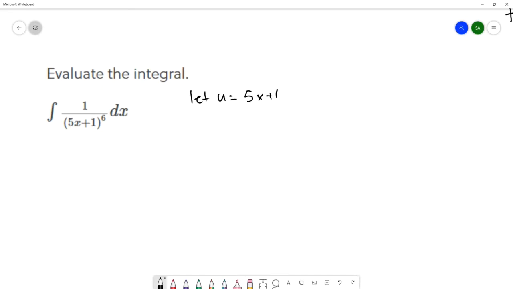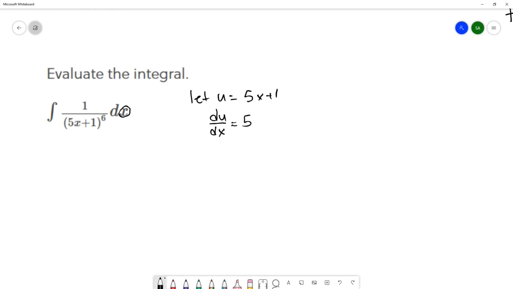And when I change the variable from x to u, I also need to change the dx to du. So I'm going to calculate the derivative of u with respect to x, and that's 5.